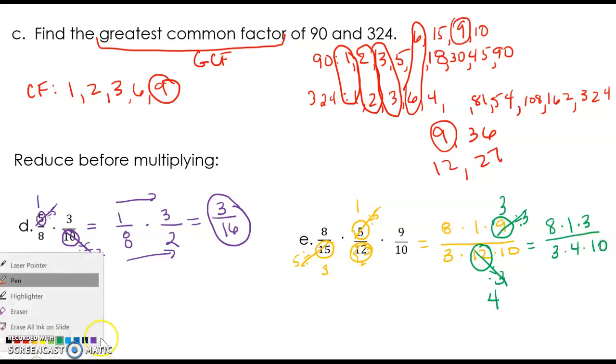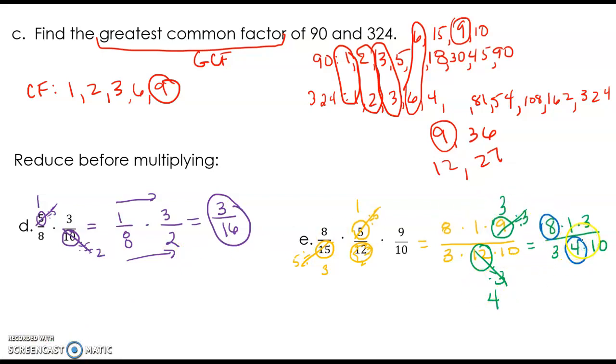And then we can do it at least one more time with the 8 and the 4. If I divide this by 4, I get 1, and if I divide this by 4, I get 2. So let's rewrite it again: 2 times 1 times 3 over 3 times 1 times 10.